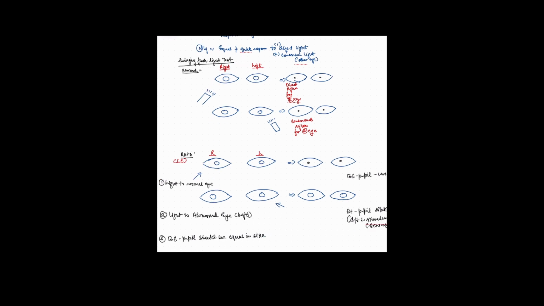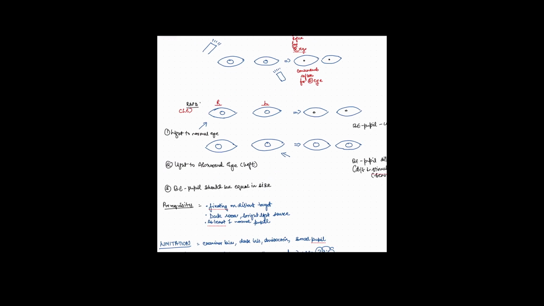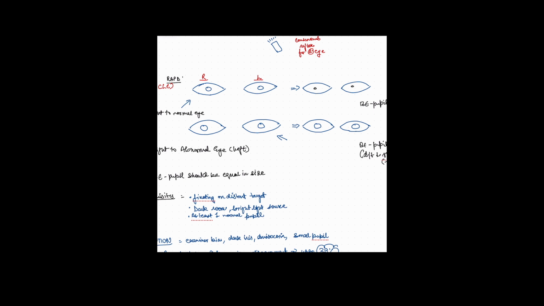But now in RAPD, if I show my light to the left eye, assuming the left eye optic nerve or afferent pathway is damaged, what does that mean? That means that my brain will perceive that there is no light, therefore there will be no constriction, and instead of the normal physiology where the pupil should be constricted, there will be dilatation.